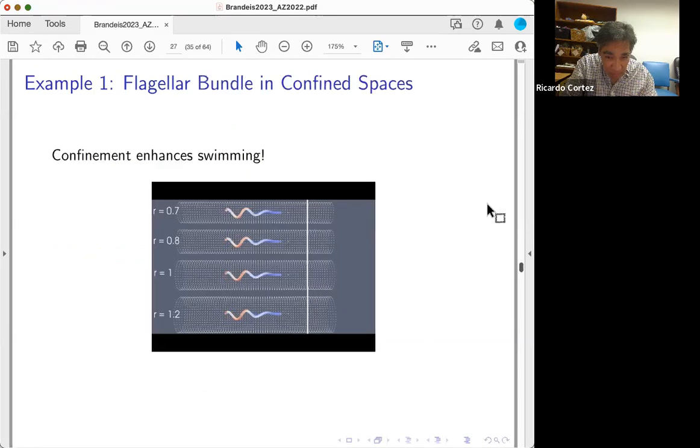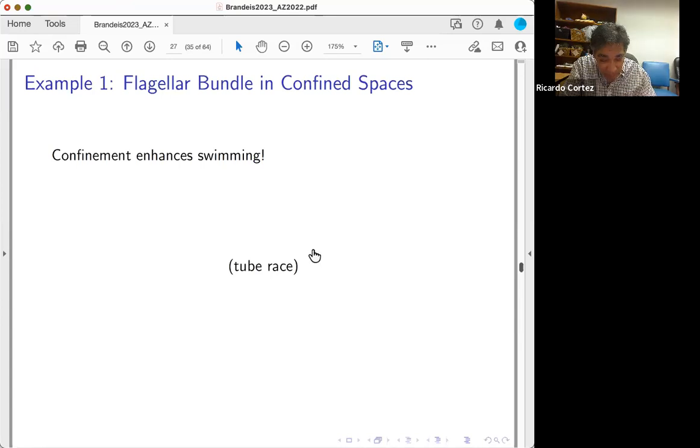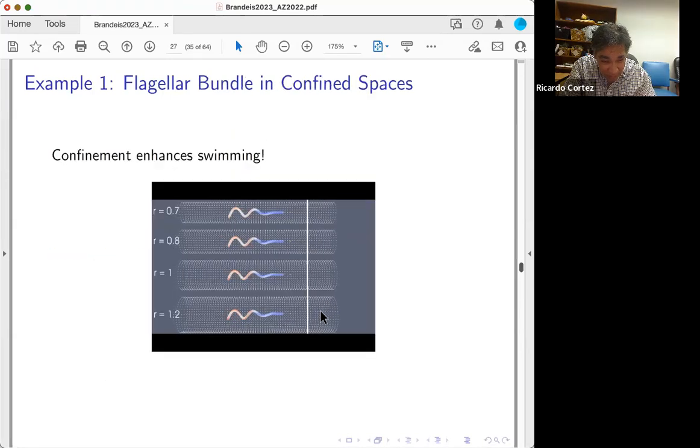So we wanted to look at what happened if the confinement was different. This is the same organism, but the tubes are getting smaller in radius from bottom to top. The top one is the smallest tube.